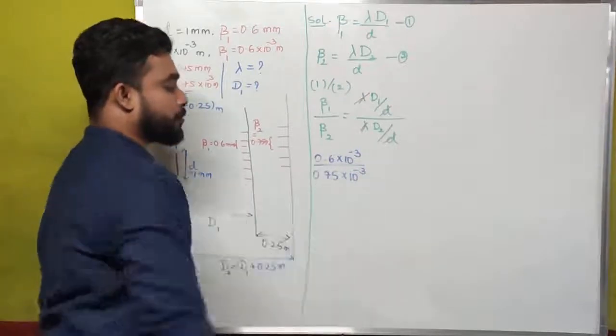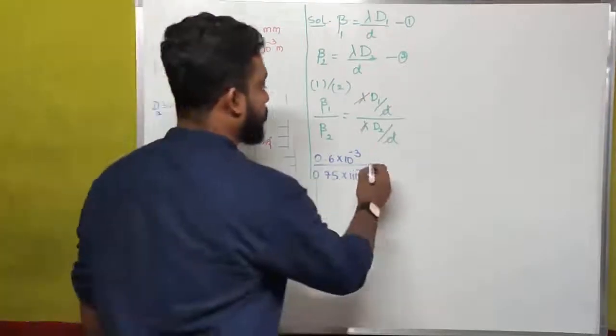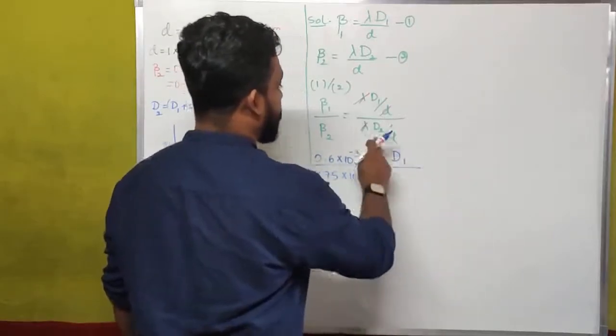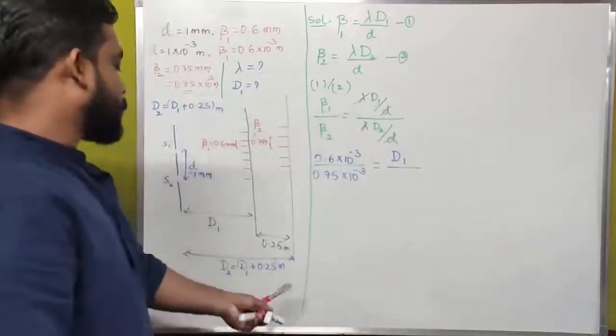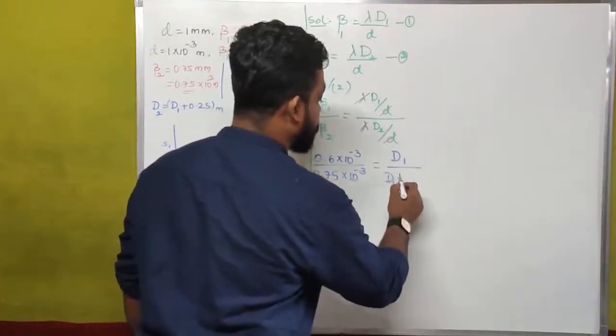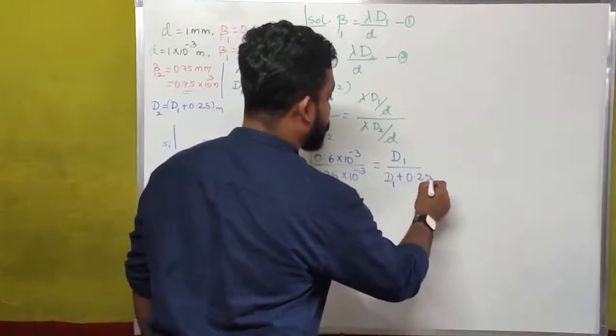Beta 2 is equal to 0.75 into 10 to the power of minus 3. And we don't know the value of D1. We have to write that as it is. And D2 is equal to D1 plus 0.25 meter.